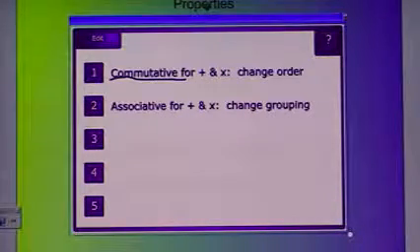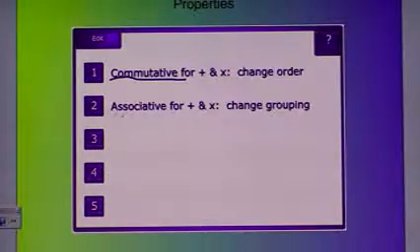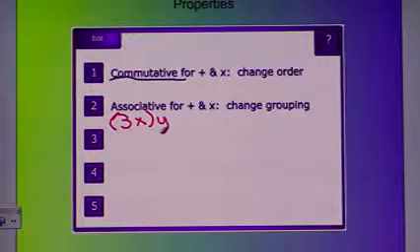Another property is called the associative property. And what the associative property does, think about who you associate with. You associate with your group of friends, right? So let's say over here, 3 and x are friends. They're associating with each other. And y is not too good of friends with them. But then 3 and x get in a fight.